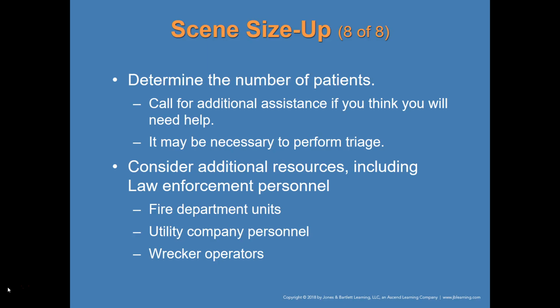Do we need fire department units for hazmat or fire suppression? Utility company personnel, is that power line down on that vehicle and still hot, still live? We don't know. We need to get some utility people out to help with that. And then wrecker operators. Somebody's got to clean these vehicles off the road once we're done here.